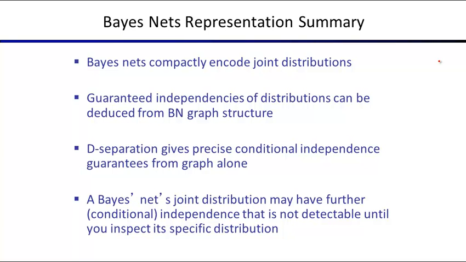So the recap is Bayes nets are a way to compactly encode joint distributions. There are guaranteed independencies for these distributions that you can read off by just looking at the graph without doing any math. The way you read it off is by using d-separation, which is a graph-based algorithm. It doesn't look at the conditional probability tables.